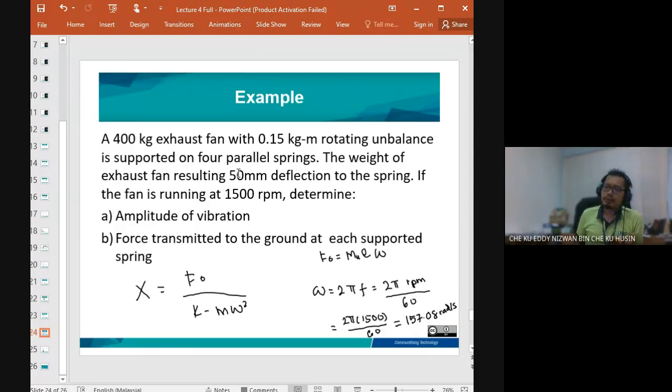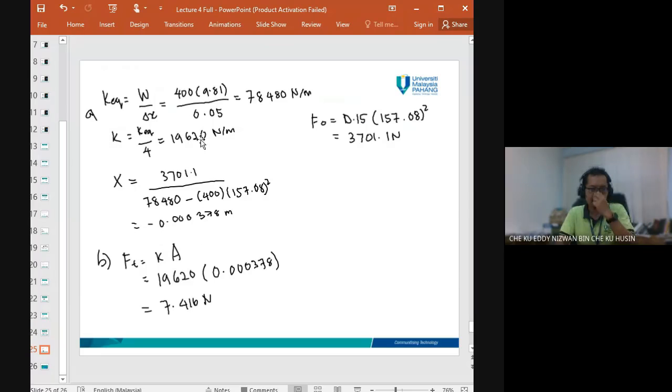The deflection is given in mm, so first we have to convert to SI units, and then we can calculate the stiffness. K equivalent is equal to mg over delta x, and you find that the equivalent stiffness is 67.48 kilonewtons per meter.